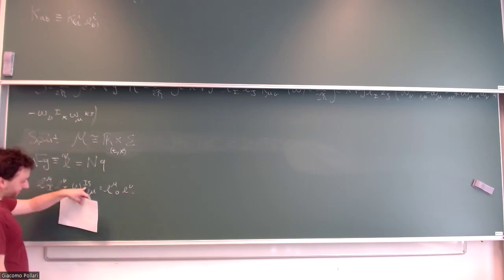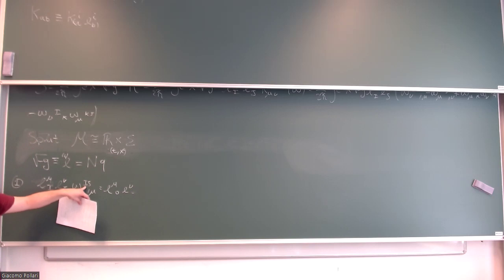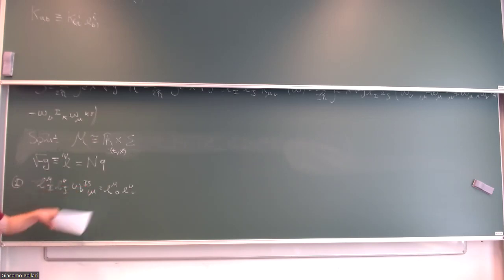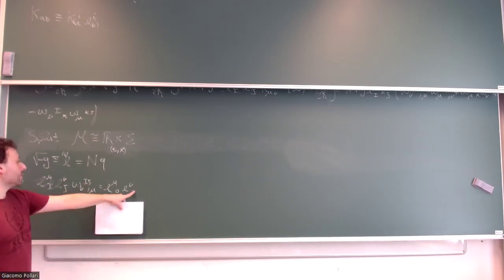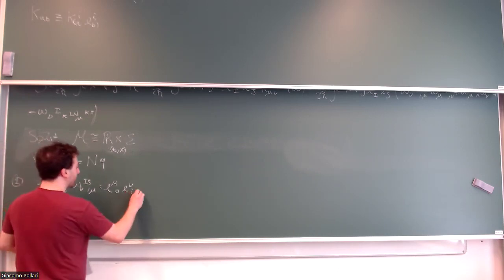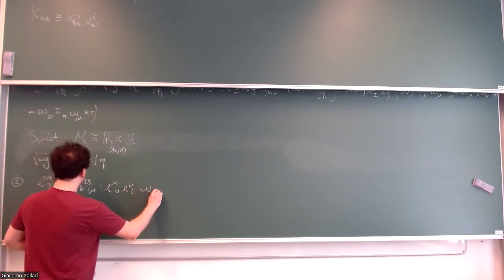Since this is antisymmetric, that's something that I forgot to say. Antisymmetric in the IJ indices, which comes from the annihilation of the covariant derivative on the Minkowski metric. Okay, and for the triads with the Kronecker delta. So this is antisymmetric in IJ, so it means that the component 0, 0 is 0. So we have this.